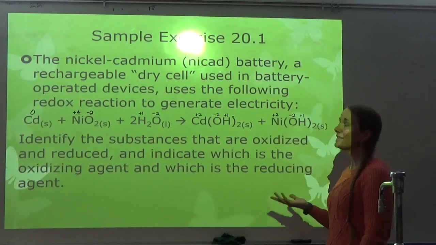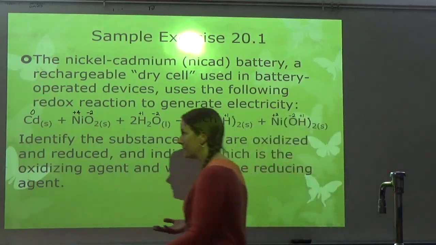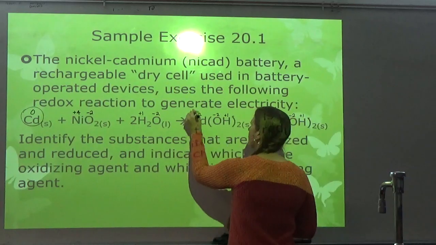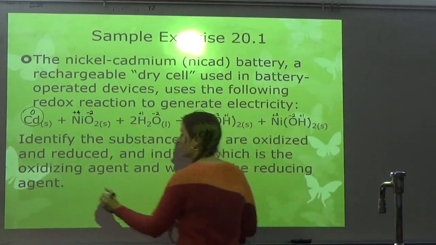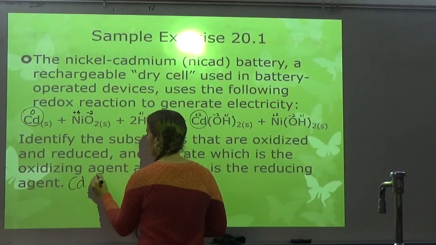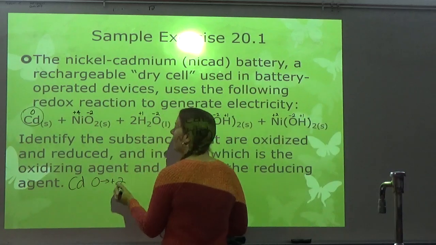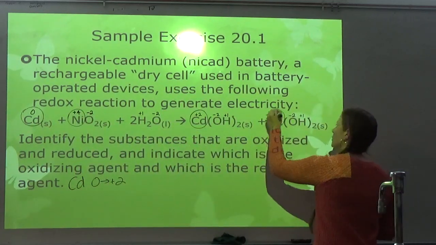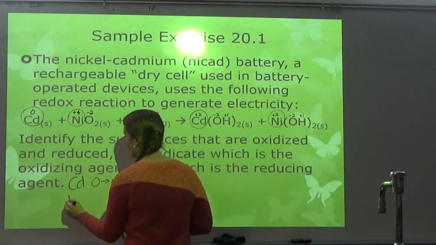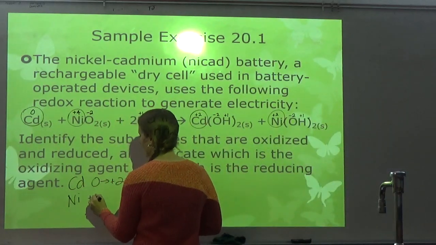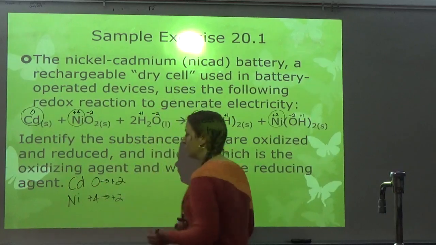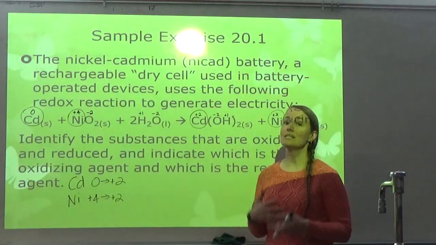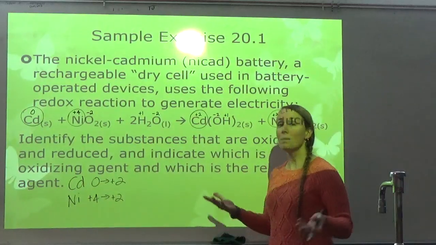First of all, let's look at who has changed states. I can see that Cd went from 0 to +2, and nickel went from +4 to +2. Oxidation is loss of electrons, which means it's going to become more positive.